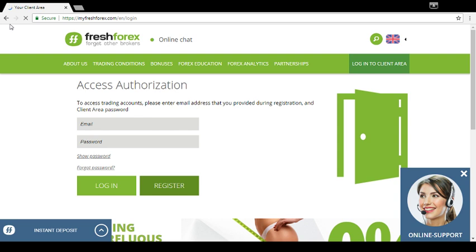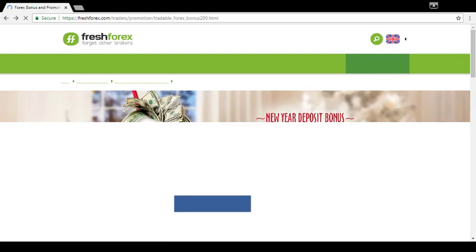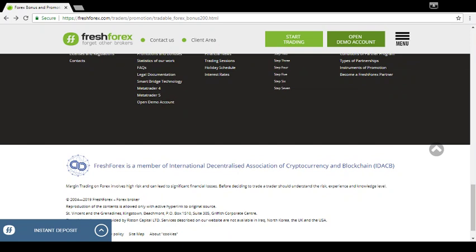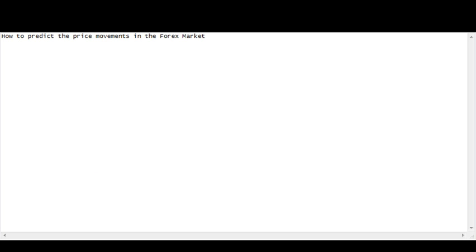Let's move to today's topic, which is we want to learn how to predict the market direction. Like from what is on the screen now, you can see how to predict price movements in the forex market. So this is everything.